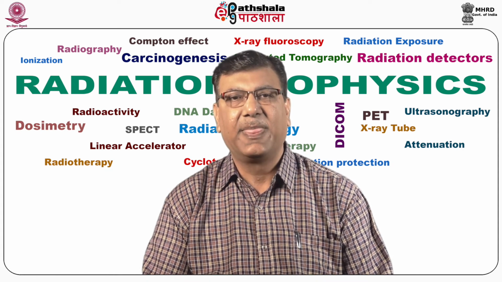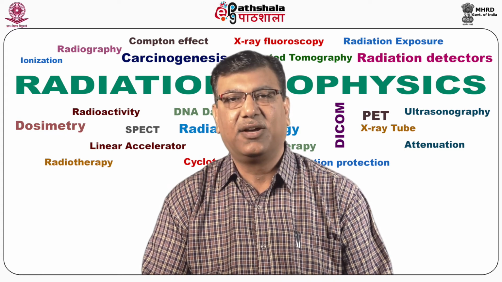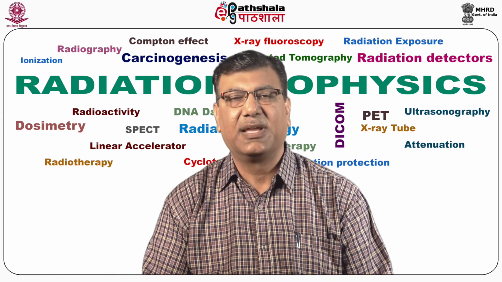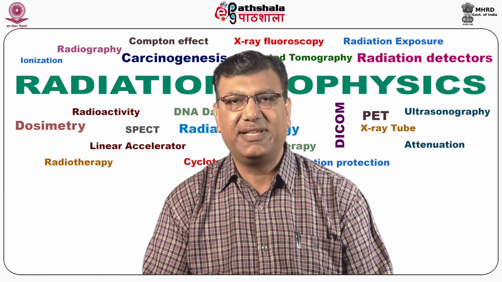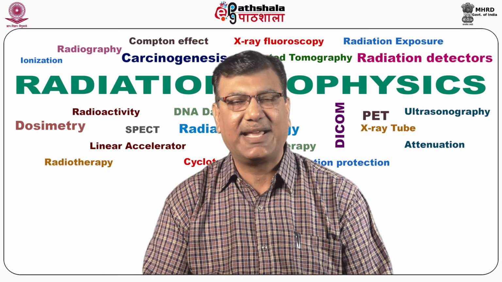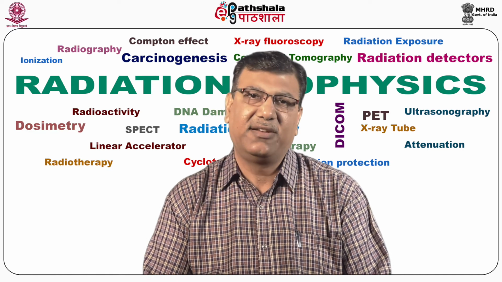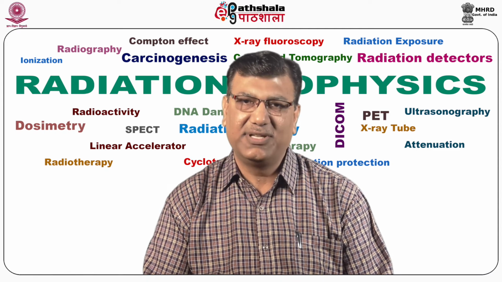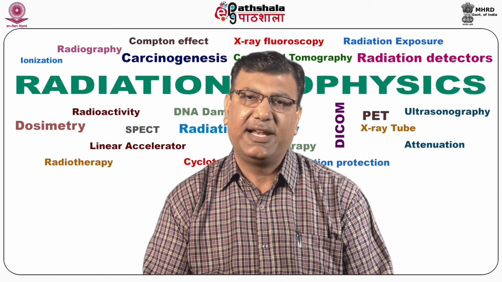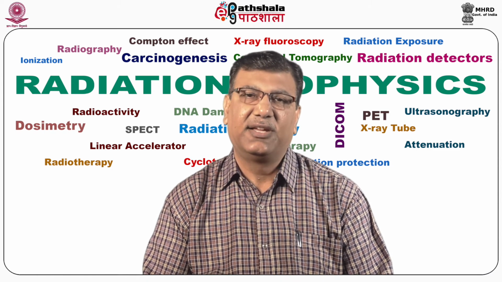Interstitial therapy is used in cases of soft tissues, breast cases, etc. And surface cancer cases are treated by using a mold, placed on the surface, and the dose is delivered on the surface.